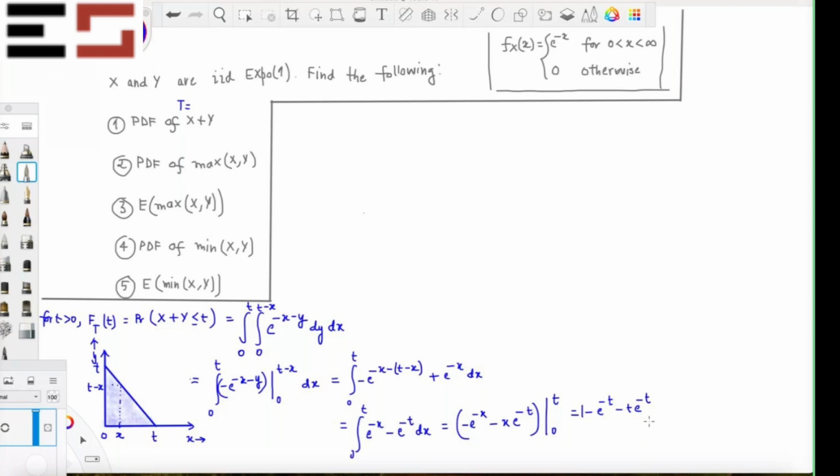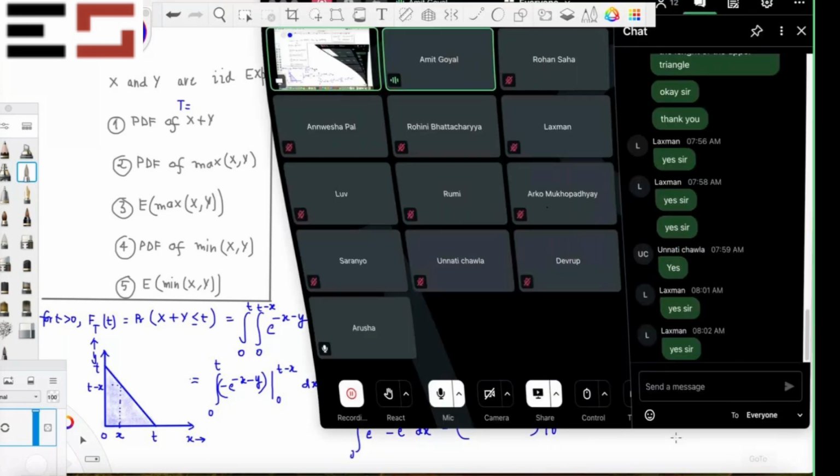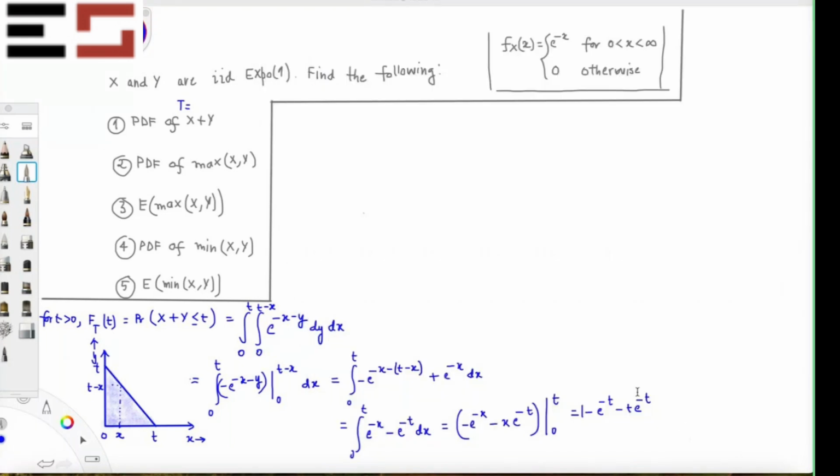Is that okay? So this is the CDF of t, right? Just correct me in case there is any calculation mistake.